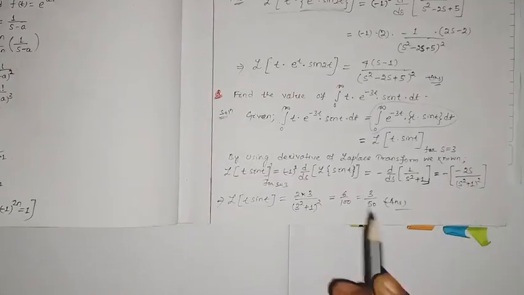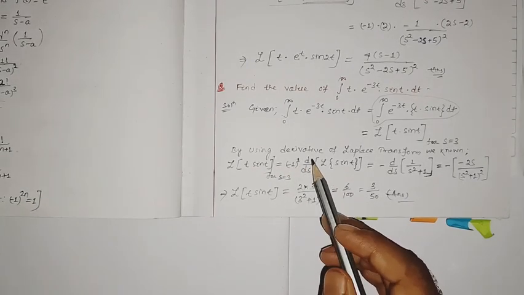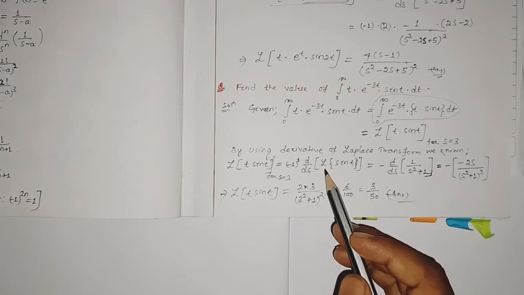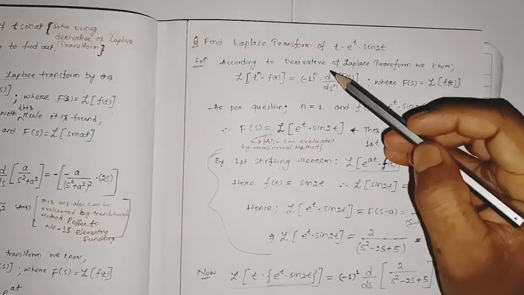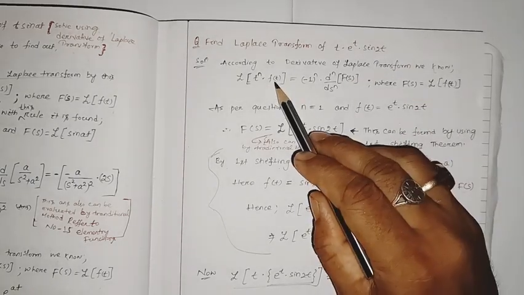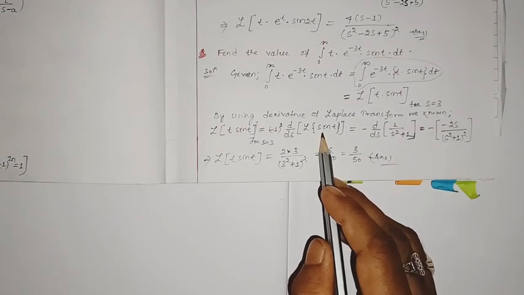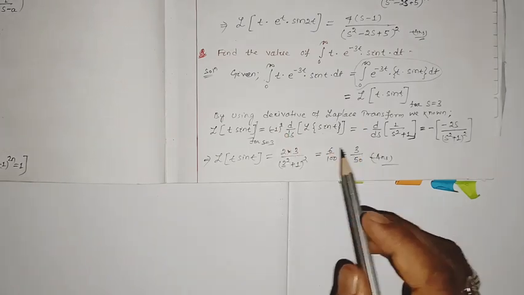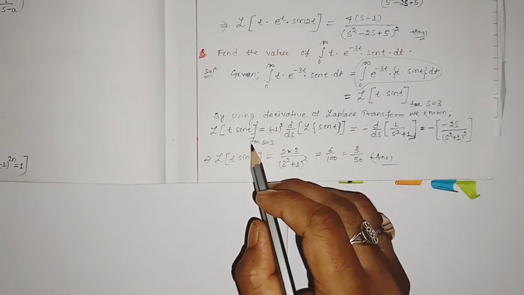So this is nothing but minus 1 to the power 1, d by ds means first derivative of Laplace transform of sin t. Here F of s is nothing but Laplace transform of the corresponding f of t, and here f of t is sin t. So minus 1 to the n, and for s equal to 3 you have to write it as a subscript also.